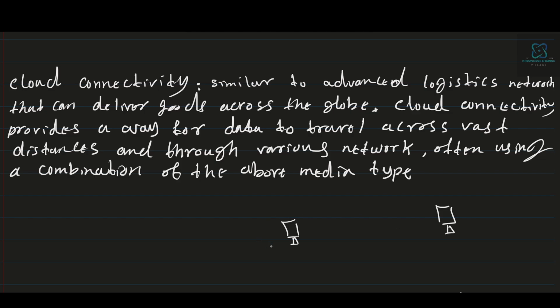We have end devices here, A and B. For these two devices to be able to communicate with each other, they need other devices that help them, right? First of all, we have intermediate devices. It can be routers, switches, as we have mentioned above, right?